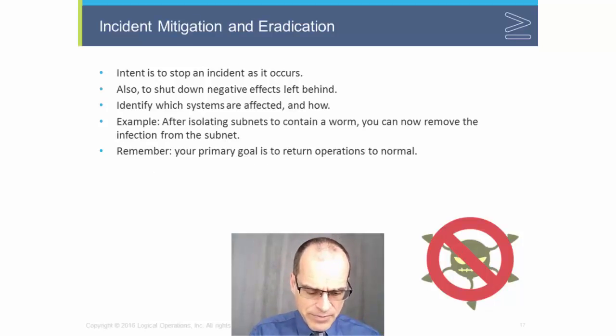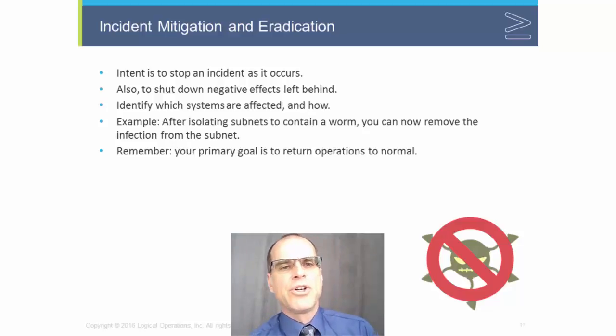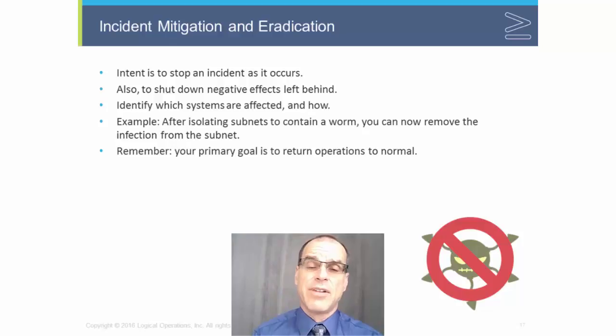The intent, once we've identified our incident and contained it, is that we are going to want to handle that incident, reducing its impact to the organization and then eradicating it so that we can get back into a normal operational state. So the goal will be to stop the incident and get rid of its negative effects, figuring out which systems have been impacted, how they've been impacted, and then, of course, we're going to try to clean those things up, which would be our next step after this.